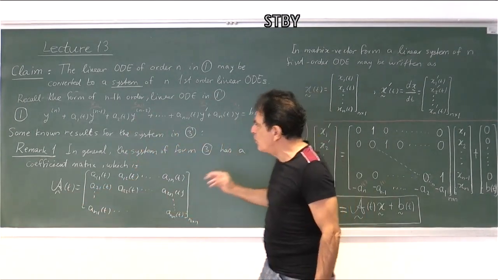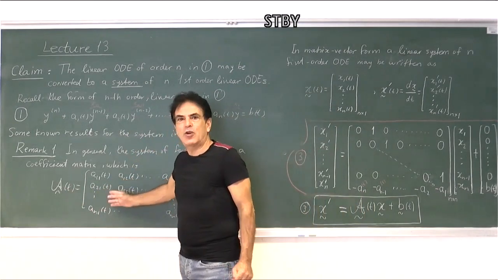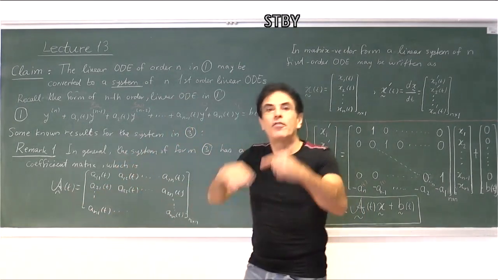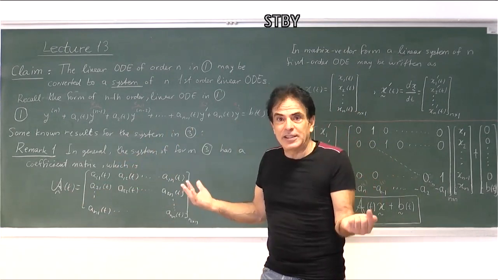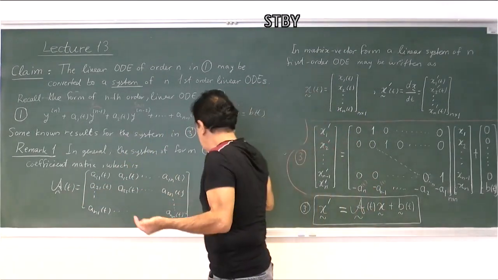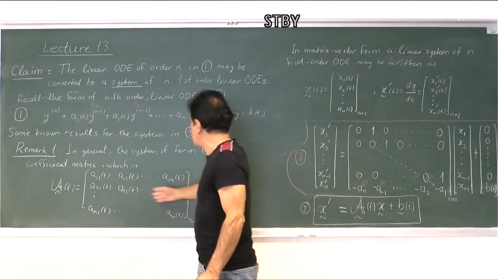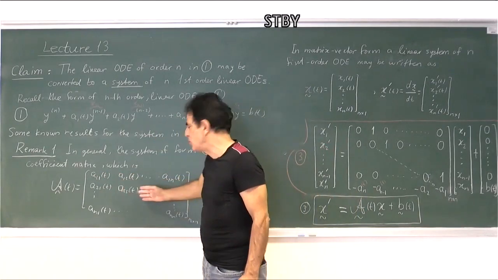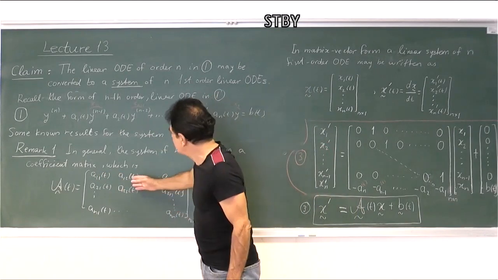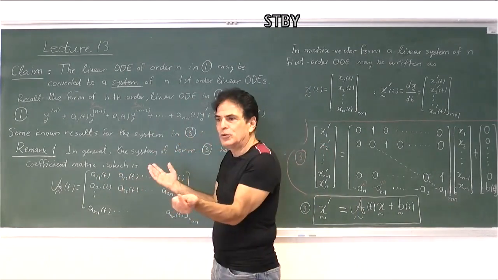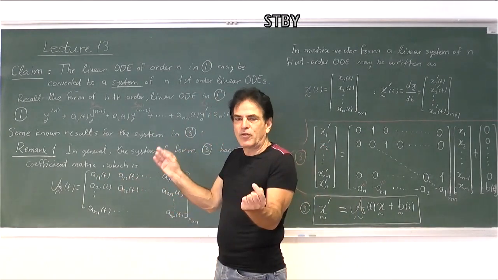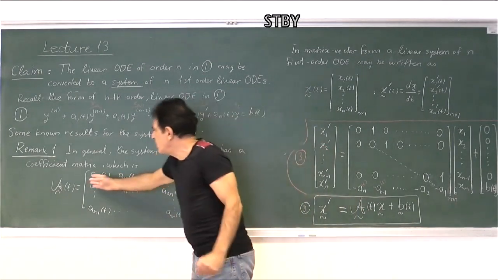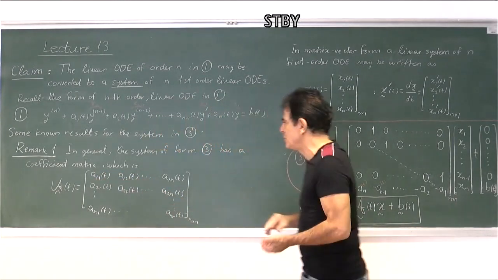The continuity of a matrix can be determined by the continuity of its entries. If all entries of a matrix-valued function are continuous on some t interval from alpha to beta, then the matrix function is continuous.